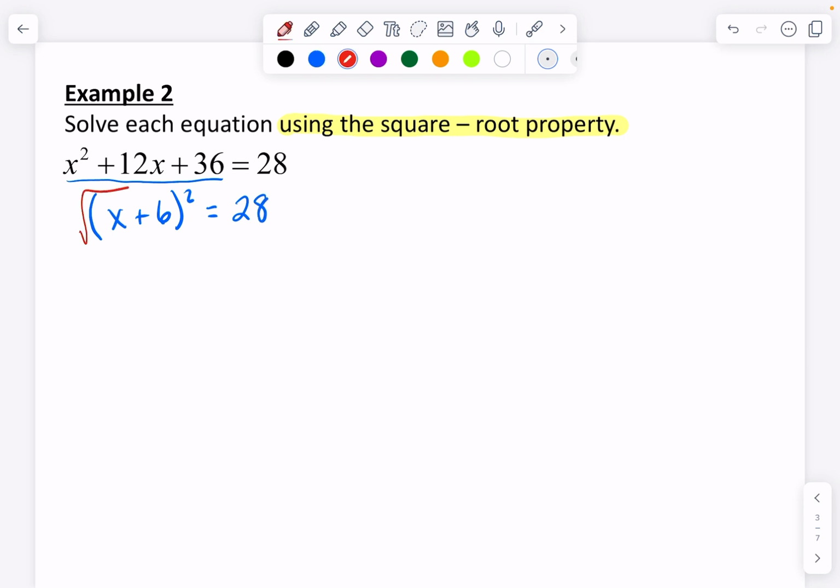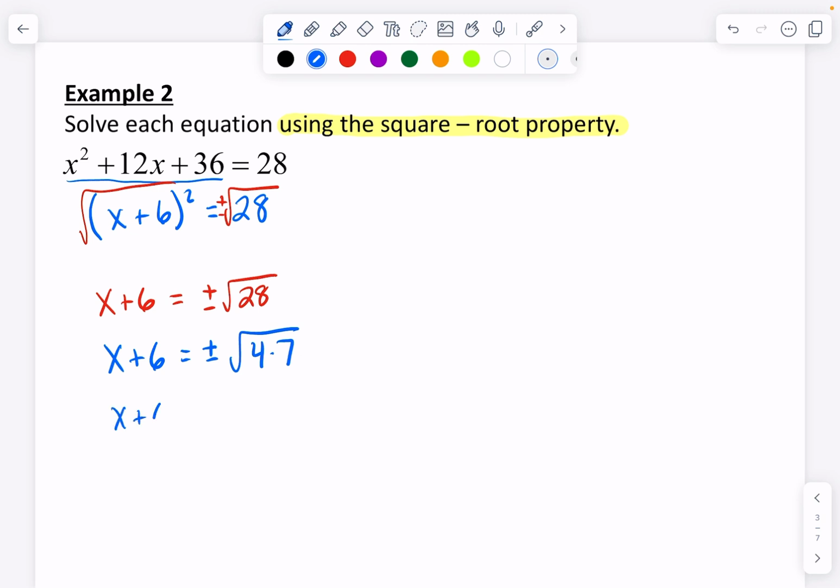Now we square root both sides. Don't forget your plus and minus. So I have x plus 6 equals plus or minus root 28. Now again, simplest radical form. 28 is 4 times 7.